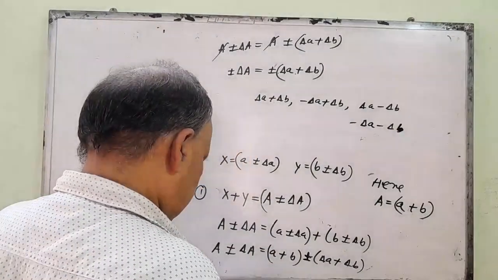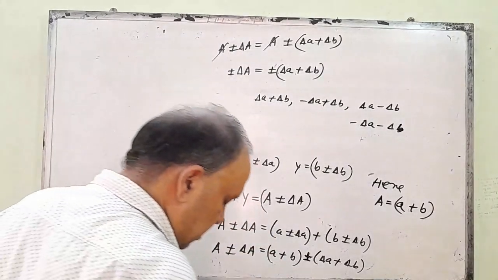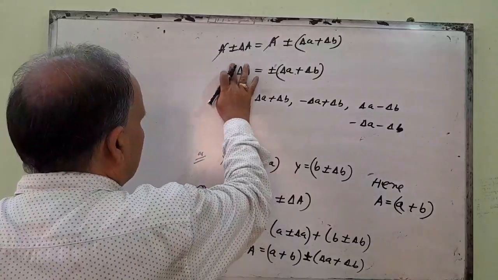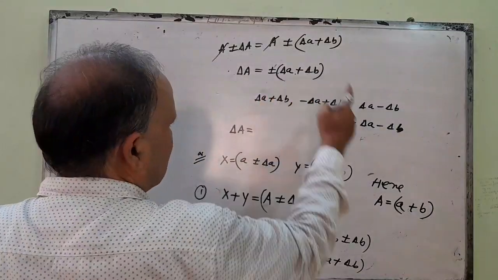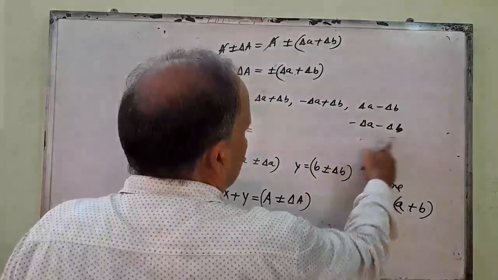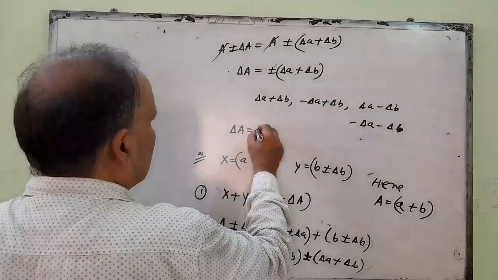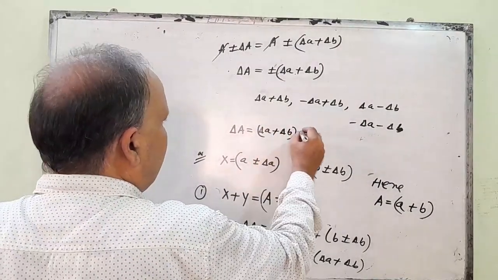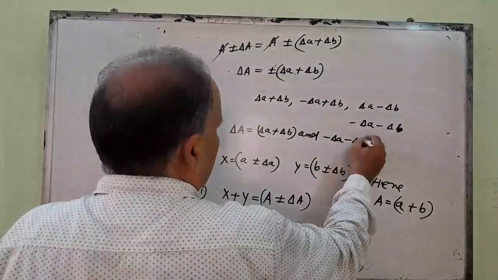Either you take both are plus, which means maximum error, or both are minus, which is also maximum error. So delta is equal to delta a plus delta b and minus delta a minus delta b.